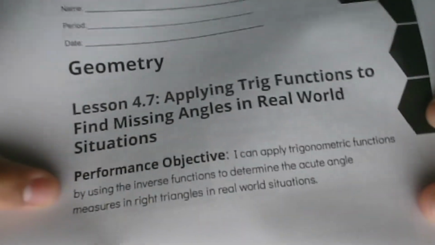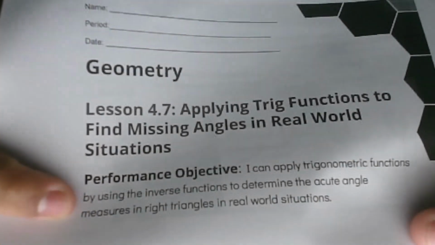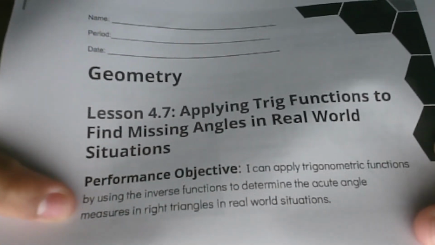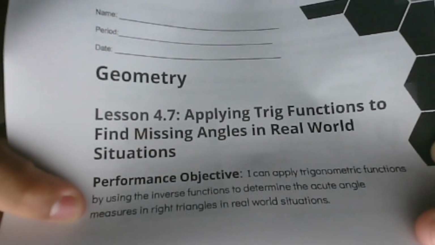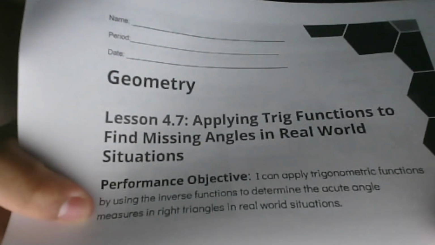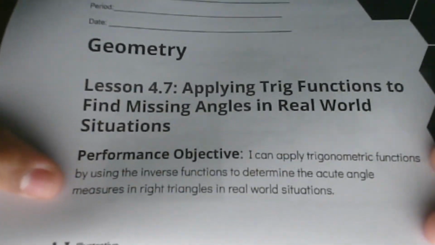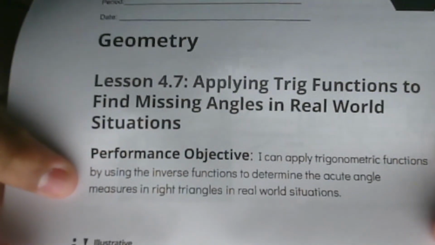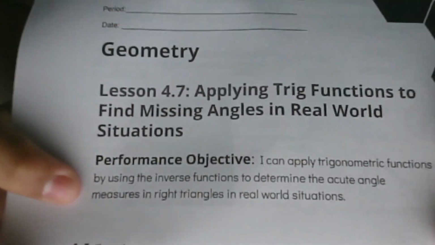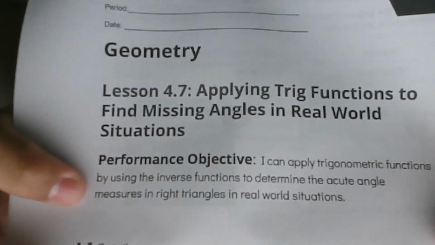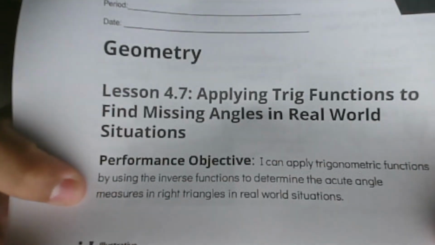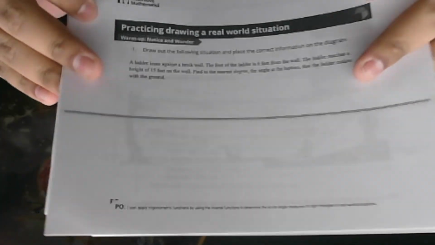Right? So you'll be learning about geometry from lesson 4.7 today, which is applying trig functions to finding missing angles in real world situations. The whole point is that after this, you can apply trigonometric functions by using inverse functions to determine the acute angle measures of right triangles in real world situations.